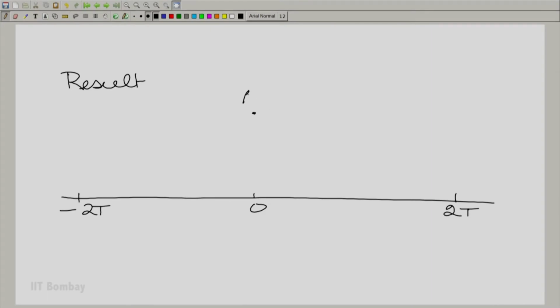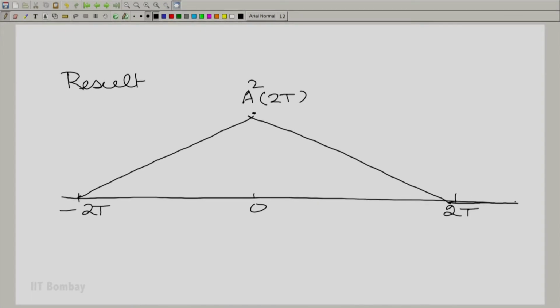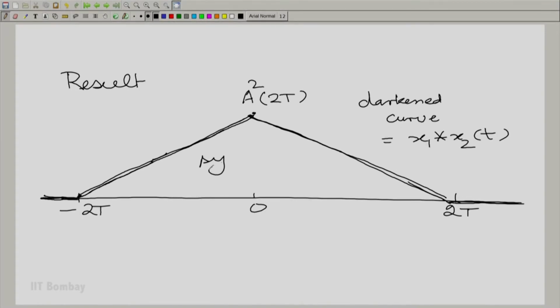So, A squared into 2T is the area contained at the maximum, and it is going to change linearly starting from minus 2T up to 0 and then fall off as you go to 2T. This is how it is going to look. The convolution is going to be essentially a triangle like this. Let me darken it. Essentially a symmetric triangle.